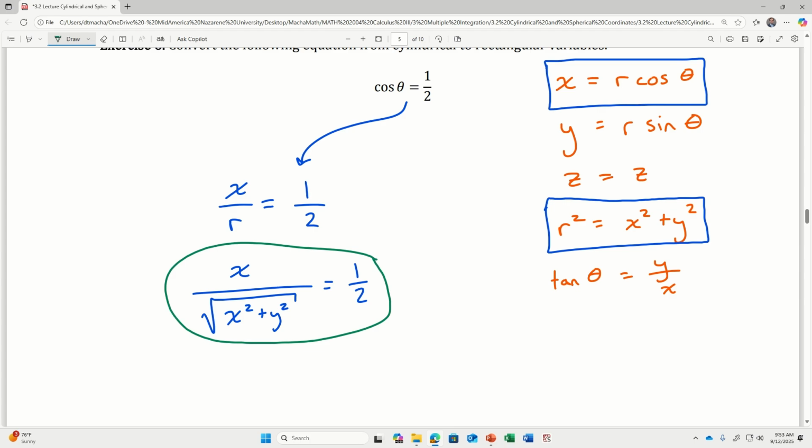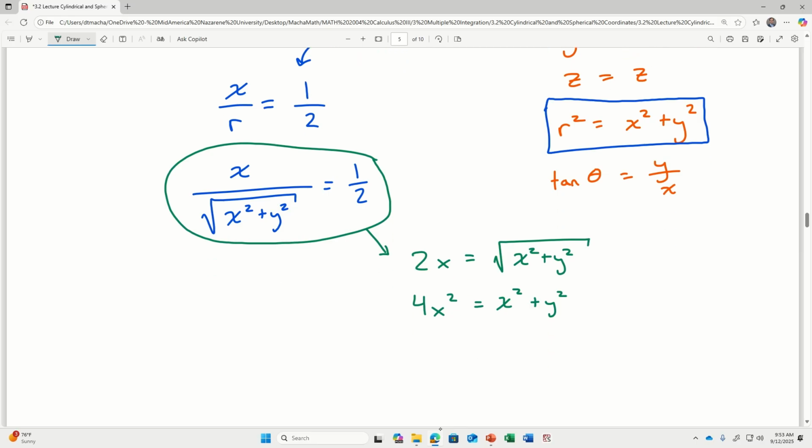But if this was a multiple choice question, I would make the correct answer choice a fully simplified correct answer choice. And what I mean by that is we could multiply both sides by 2 and multiply both sides by square root of x squared plus y squared. And then I could square both sides. And then I could, I don't know, subtract x squared from both sides.